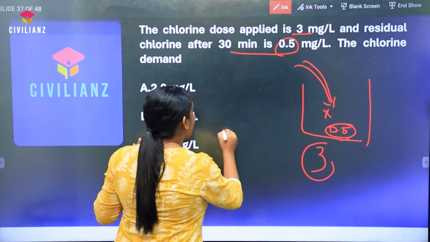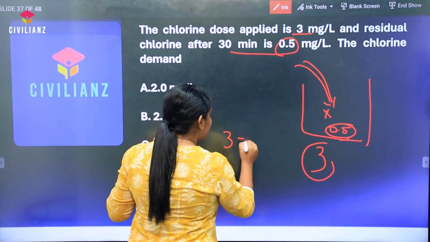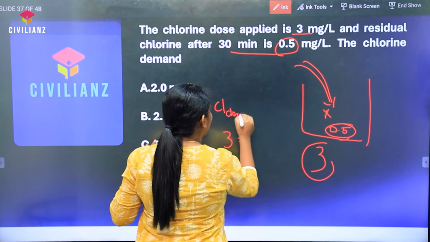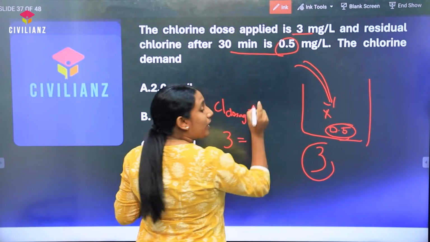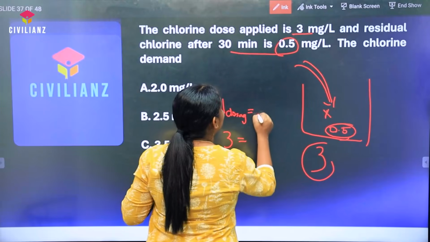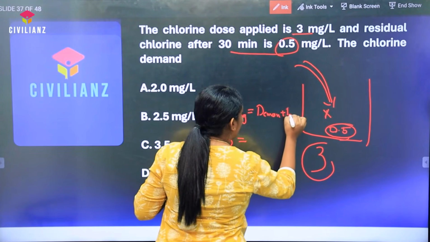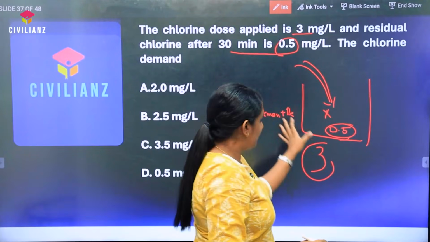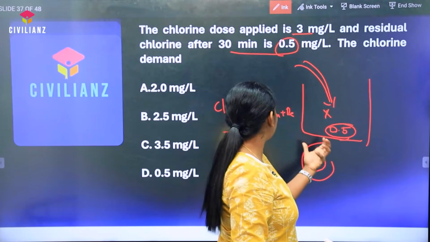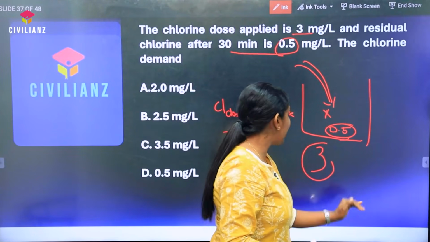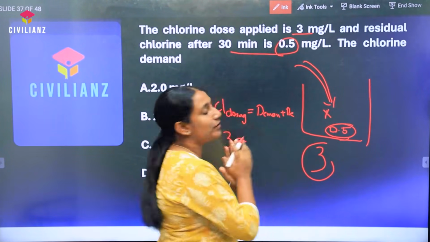Total dosage is 3. Please write this equation: chlorine dosage equals demand plus residual. In the water disinfection process, the demand of chlorine plus residual chlorine equals total dosage.